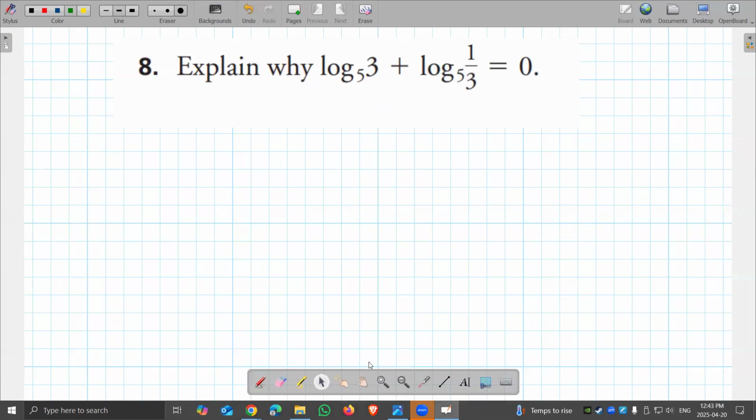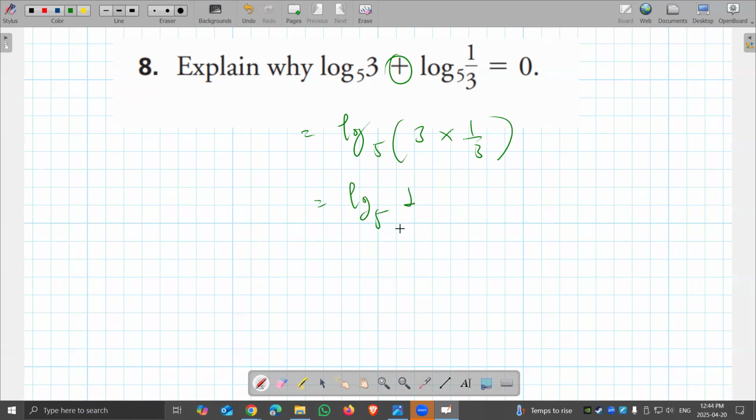What about this one? Which rule? Product. Plus means product rule. Log base 5, 3 times 1 over 3. Log base 5 of a 1.